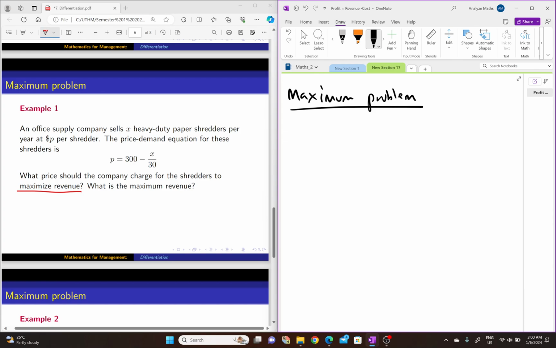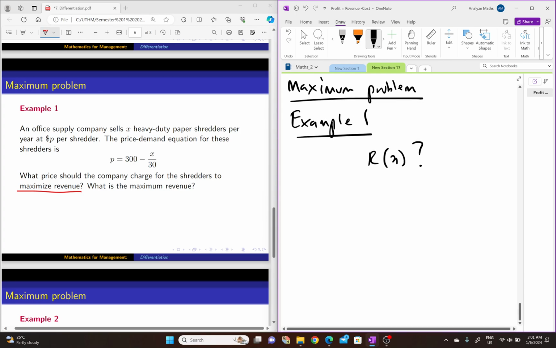If they ask you to find this, you have to understand: first of all, identify which one they ask you to maximize. Is it revenue, cost, or profit? Here they ask you to maximize revenue. So what is the revenue function?